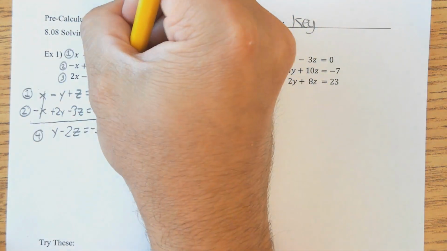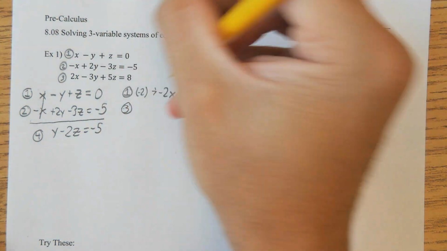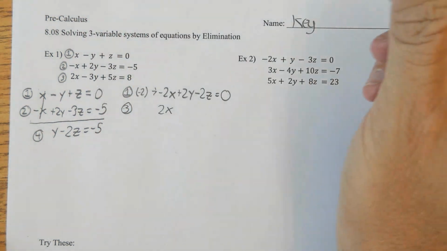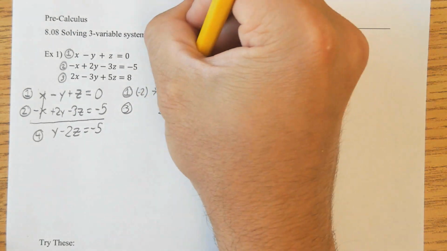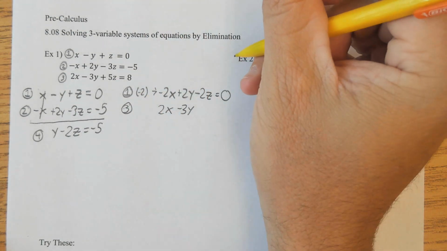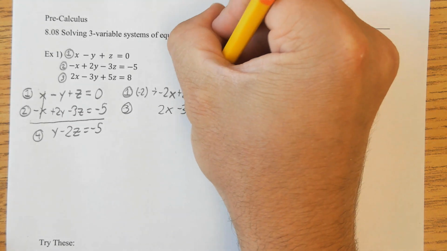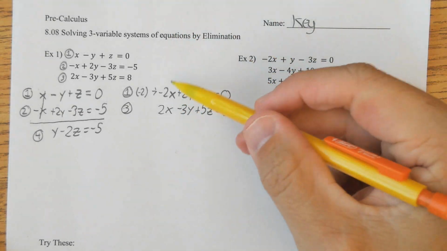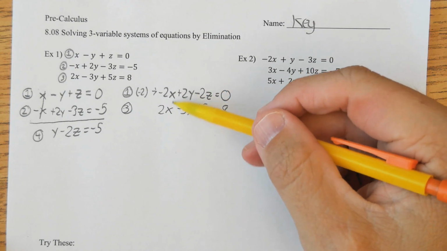Then I'm going to use equation 3. I'm not going to touch it because it already gives me a positive 2x here. It's 3y, and now look how nice that is for me, because can I get rid of the x's now?